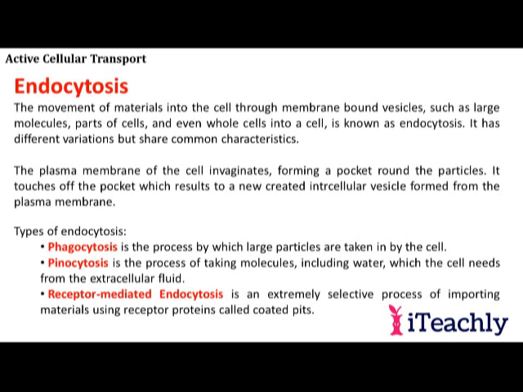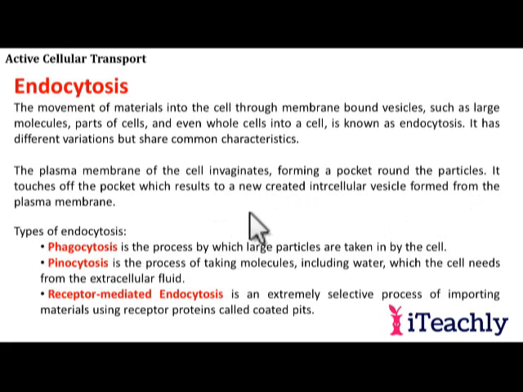Endocytosis. We already wrote down that it is movement into a cell with the use of vesicles. So make sure you have that word written down, vesicles. Now these are large molecules, so they're not small. So here's a word that you get to laugh at. It says the plasma membrane of the cell invaginates, forming a pocket around the particles.